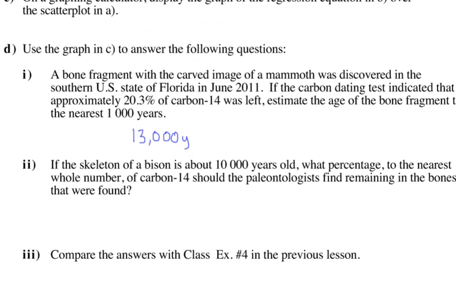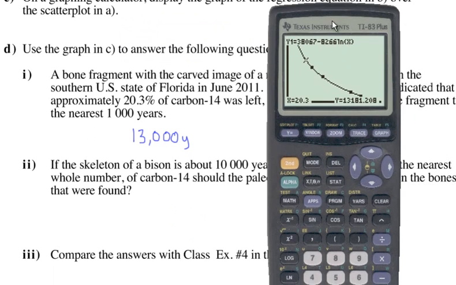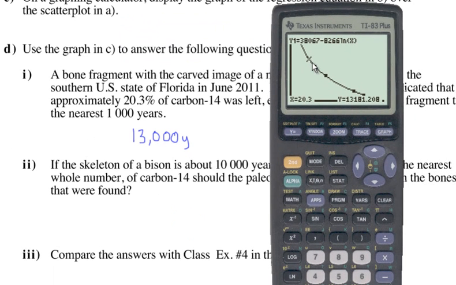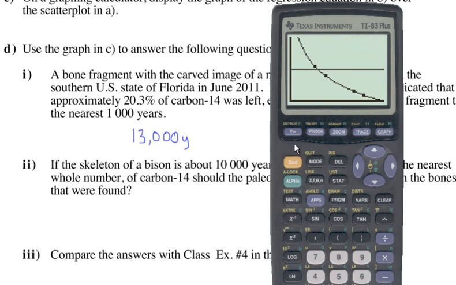And now working backwards, if a skeleton is about 10,000 years old, what percentage should we get if we analyze its carbon content? Well, we can put 10,000 in here. There it is. And then again, we use intersect to find where those cross.